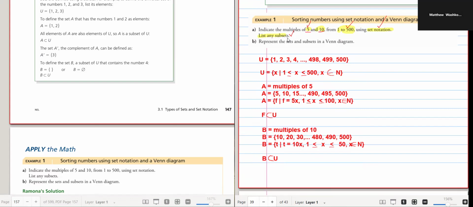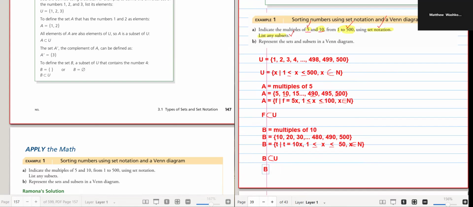Now that said, we've got to remember: 10, 490, 500. Everything in B is also in A, but not everything in A is also in B. So actually, all of our tens are a subset of all of our fives.